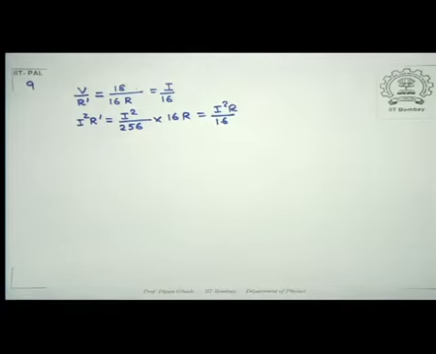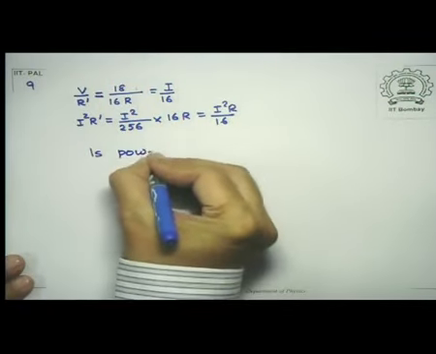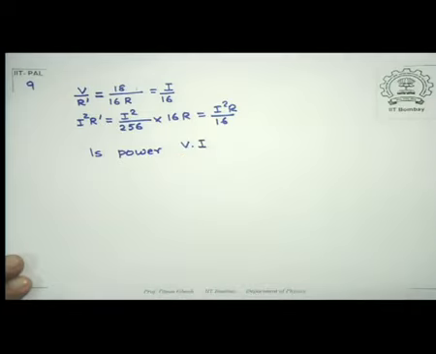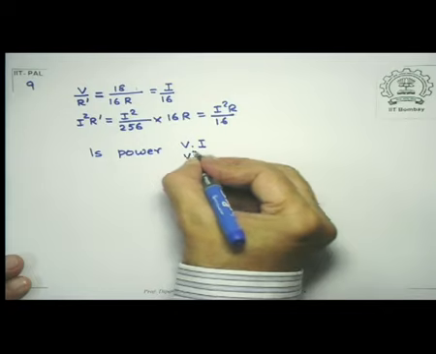Now the question is this: what frequently confuses people is which formula do I use? Is power V times I? Or, since I is V by R, is it V square by R?